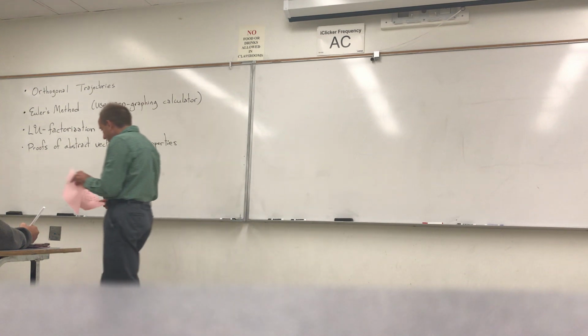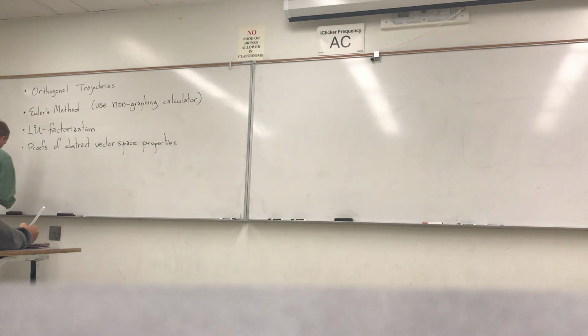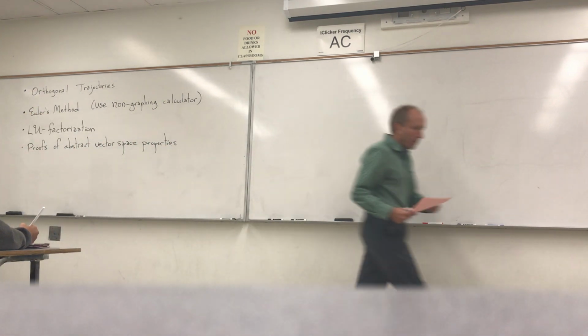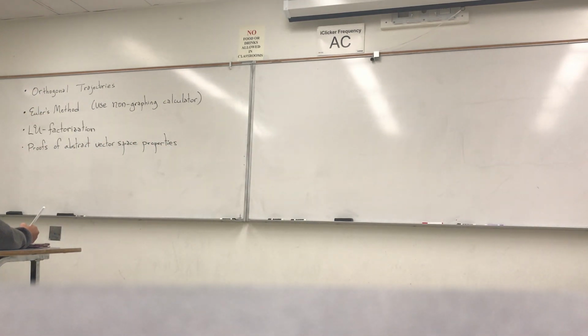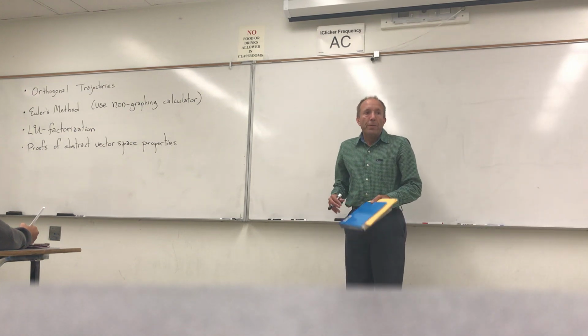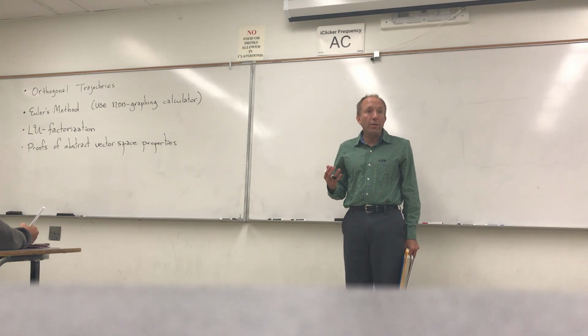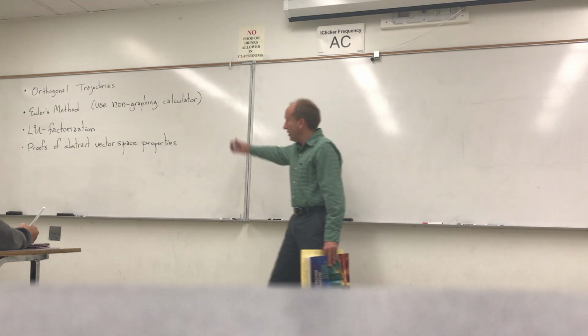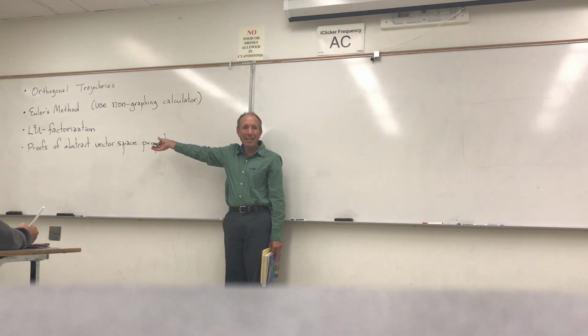So let's just talk through a few examples of some things here. Actually, the first one is out of the book, so I just want to do a couple of examples to get this back into your mind. If you look at the sample final that I posted, it's really just an old 250B final, so what you need to realize is that none of these topics are going to be appearing in there.